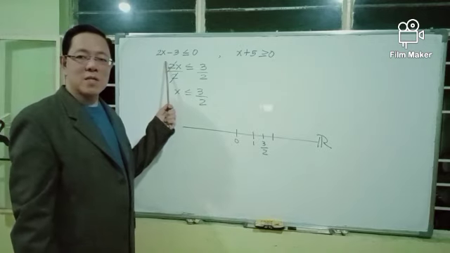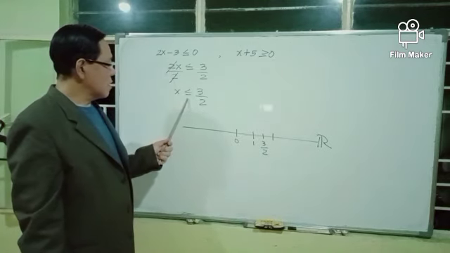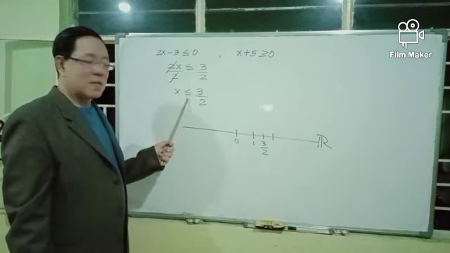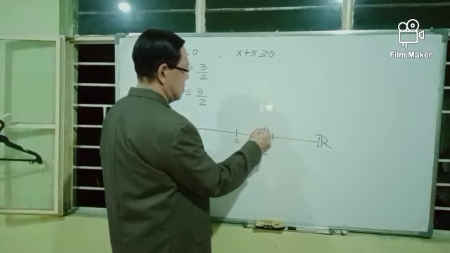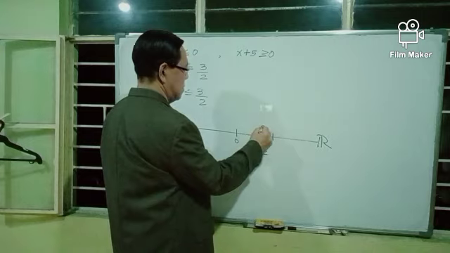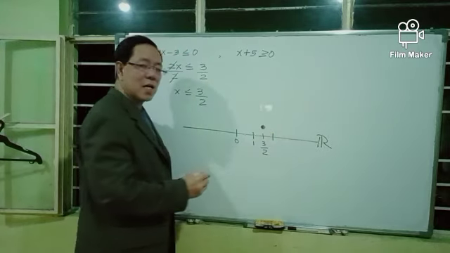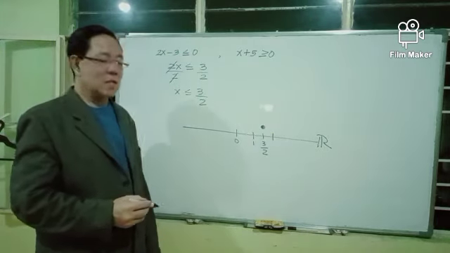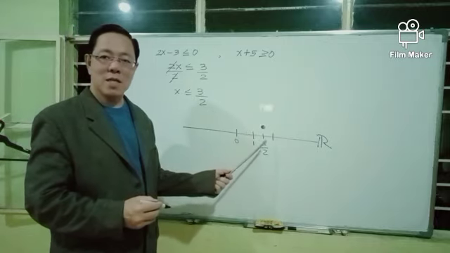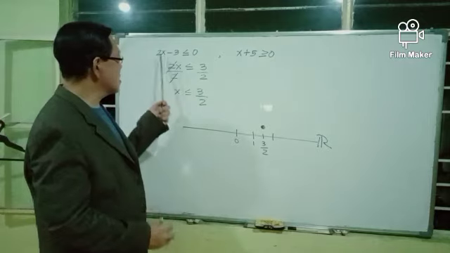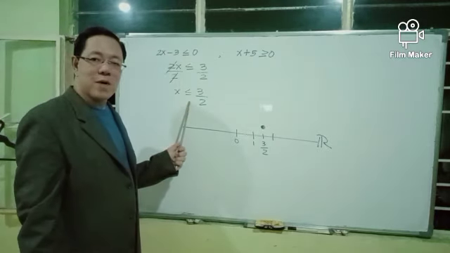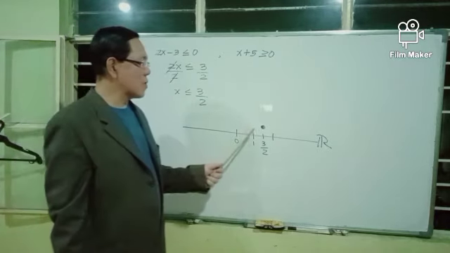The solution of this linear inequality is x equals 3 over 2, and we indicate that 3 over 2 is included in the solution by using a shaded circle. And the other solutions of this linear inequality are those values of x that are less than 3 over 2.